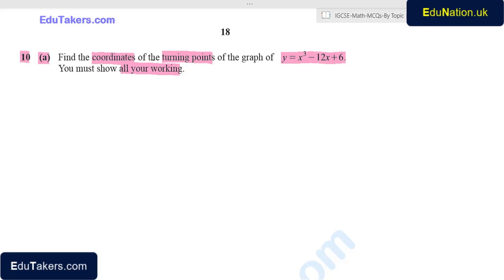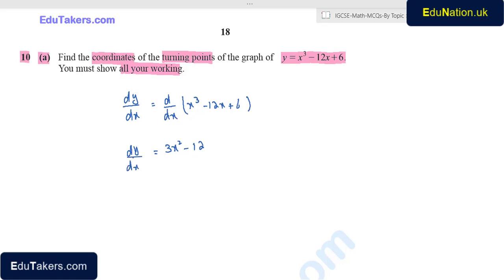So for finding its tangent, we will find its derivative. dy over dx is equal to d over dx of the function x cube minus 12x plus 6, which is equal to 3x square minus 12.